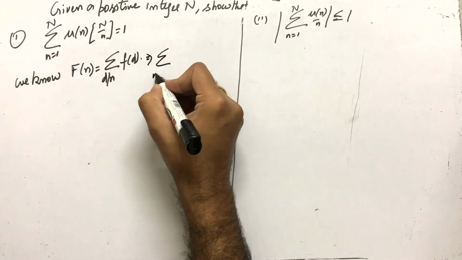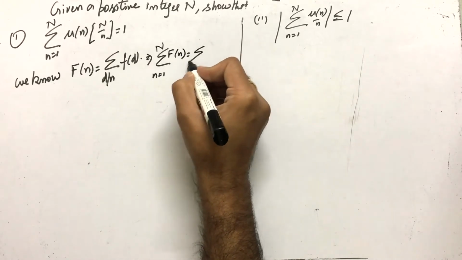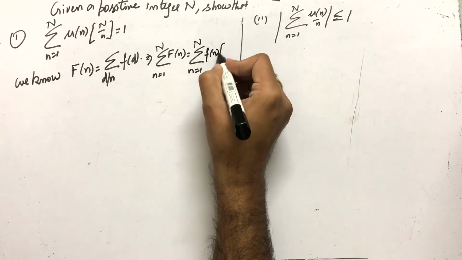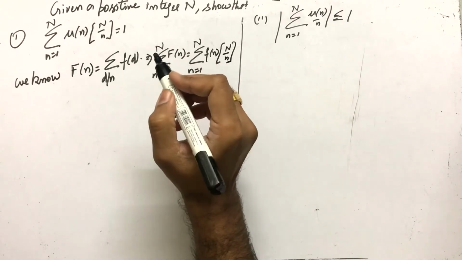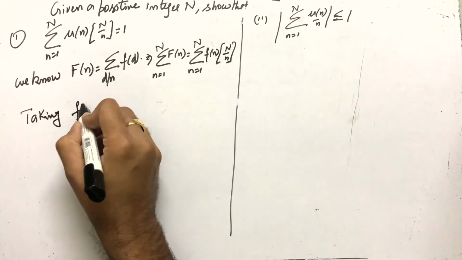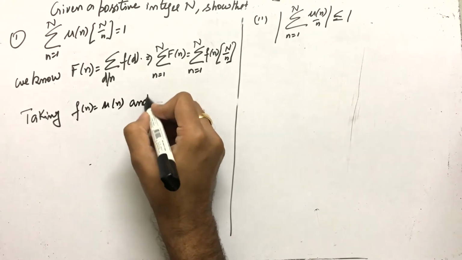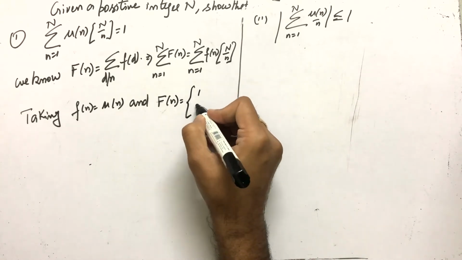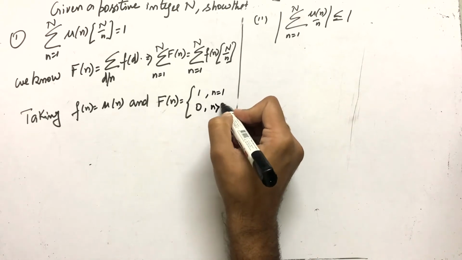So we have a result that the summation of small n from 1 to capital N of f(n) is equal to the summation of n from 1 to capital N of f(n) times the greatest integer of N by n. So we make use of this result here, taking small f(n) as mu of n and capital F(n) as a function whose value is 1 for n equal to 1 and 0 for n strictly greater than 1.